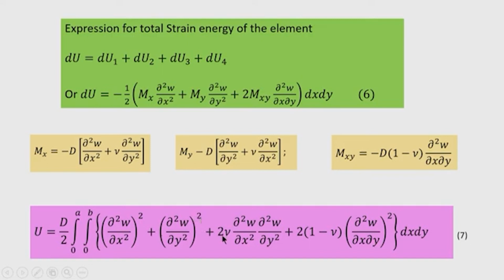Then you get 2 mu into del square w by del x square into del square w by del y square, and the other term, related to the twisting curvature, is 2 into 1 minus mu into del square w by del x del y, whole squared. So, you get this expression for the strain energy after substituting.